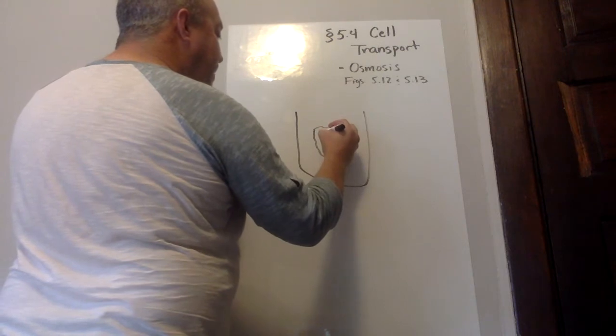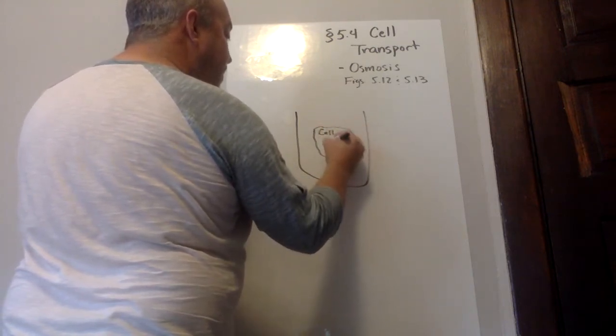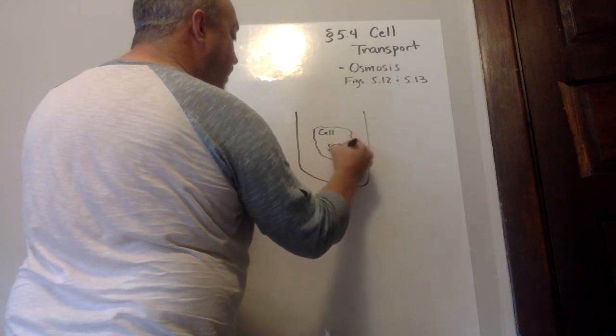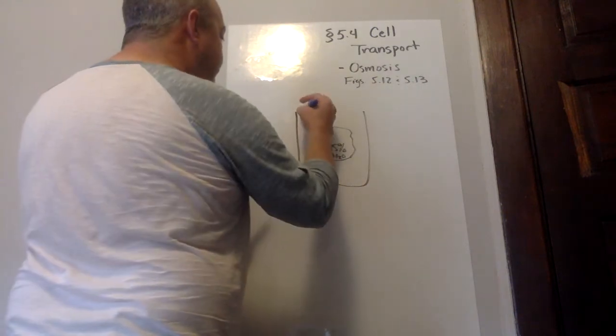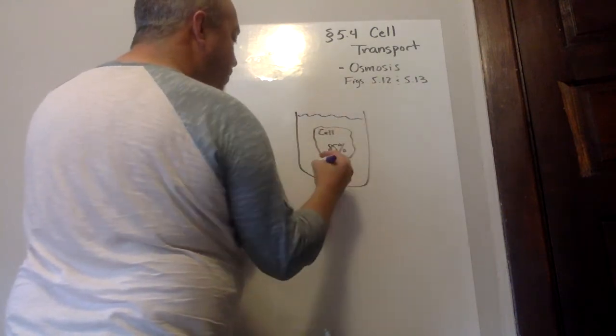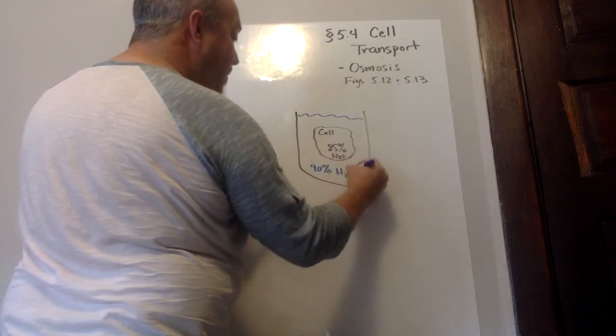However, let's say that in this cell, the concentration of the water is 85%. And outside the cell, here's our mostly water, it was 90% water outside.